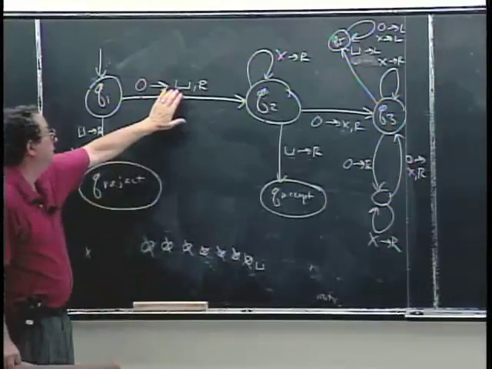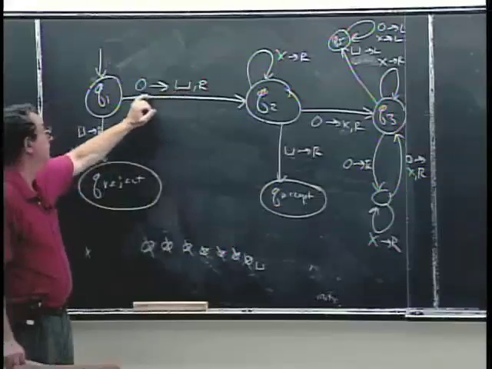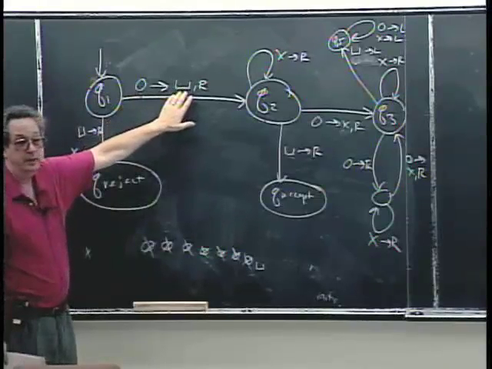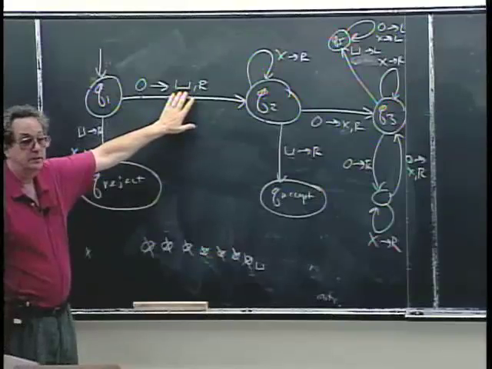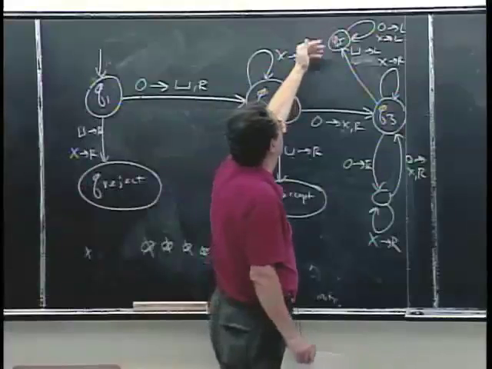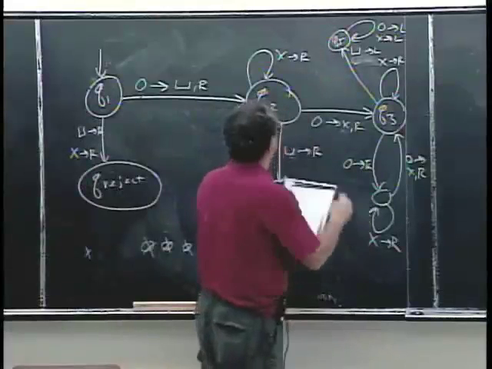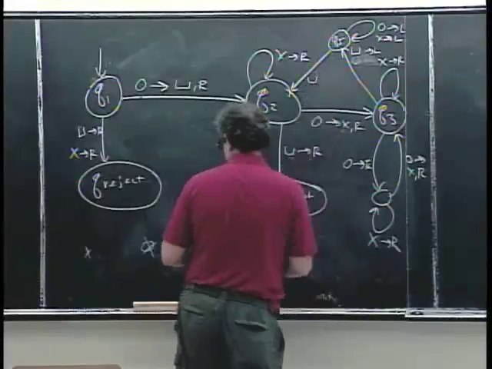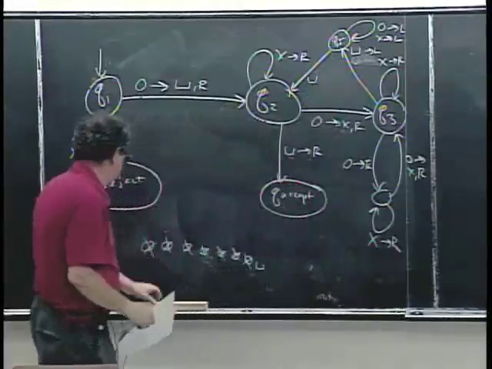Well, remember here, in the first 0 that you saw, you turn it into a blank. So when all of this zipping around finally hits a blank, then you know you come back to the first guy.